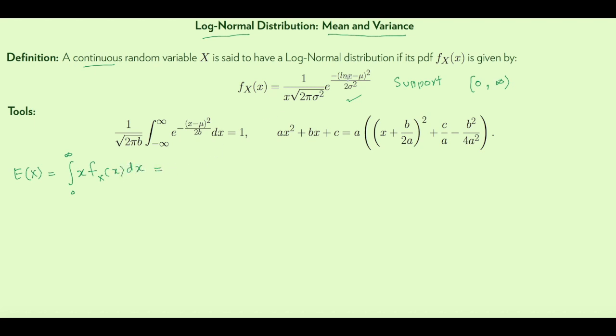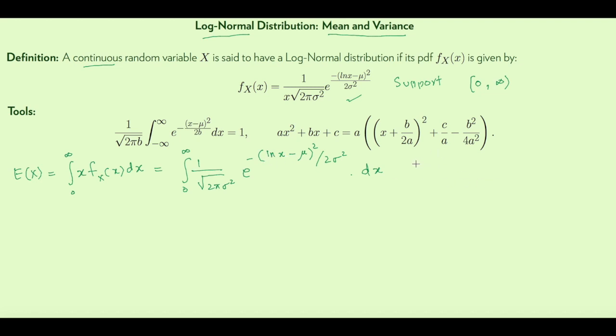Plugging it in, this x and this x will cancel out, so I can directly write the integral of 1 over root 2 pi sigma squared, e to the power of negative natural log of x minus mu squared over 2 sigma squared, dx.